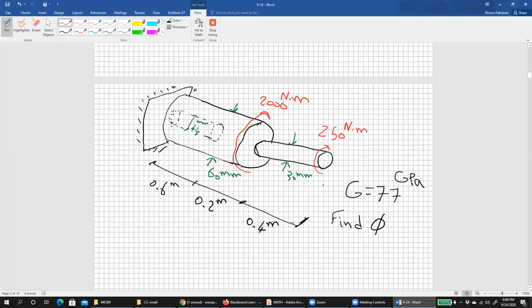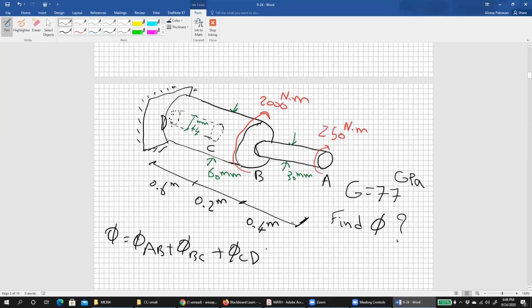Let's denote this point as A, this point B, this point C, and the last point D. Find the angle of twist. So phi would be phi AB plus phi BC plus phi CD, right?